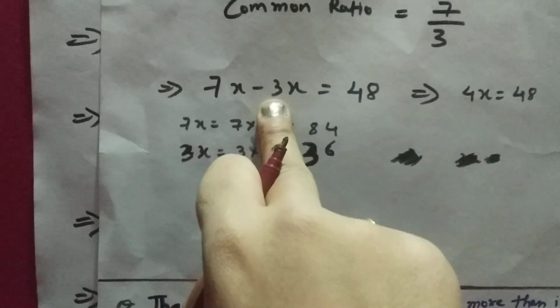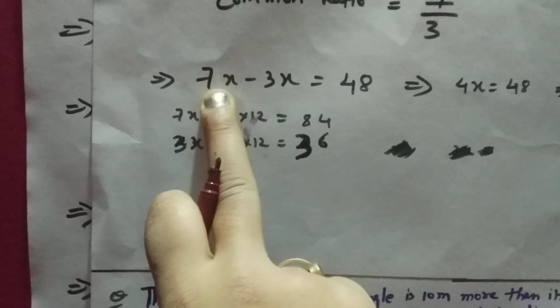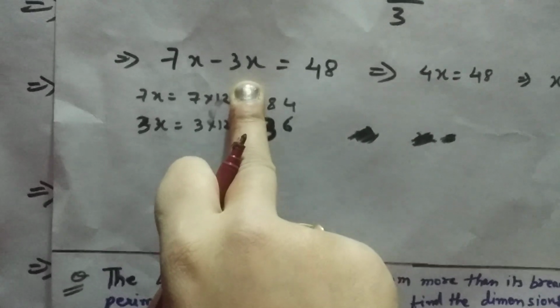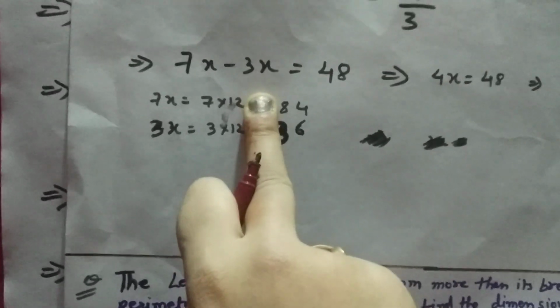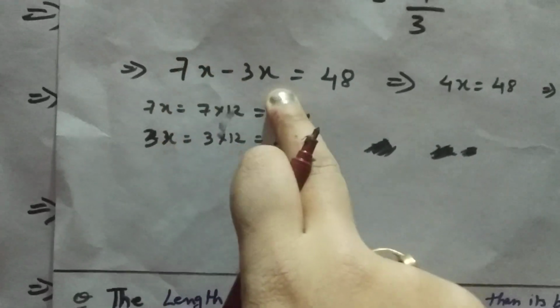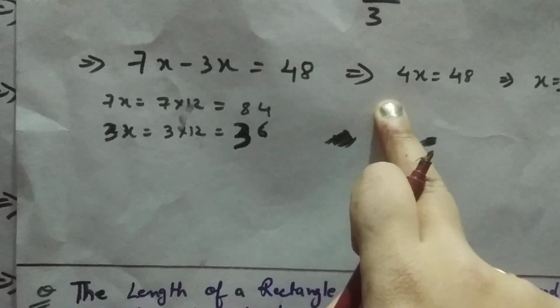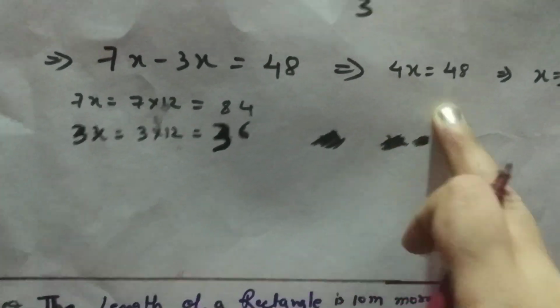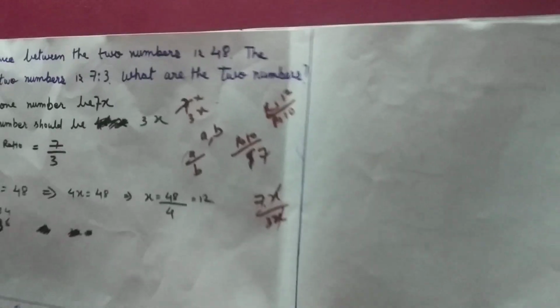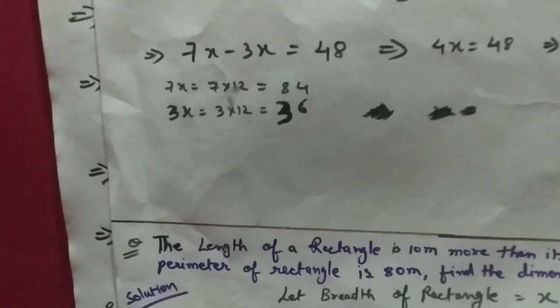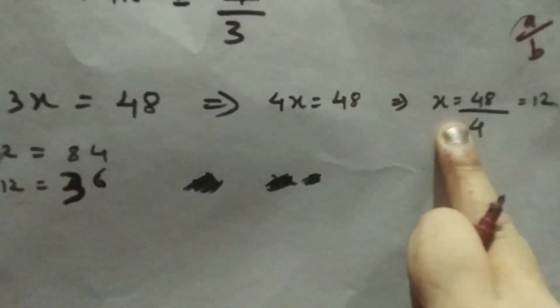What we will do is solve it further. 7x and 3x are both like terms, so 7x minus 3x will be 4x. 4x is equal to 48.